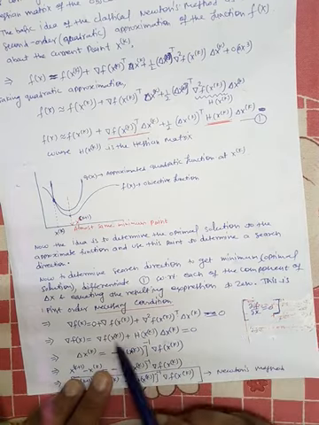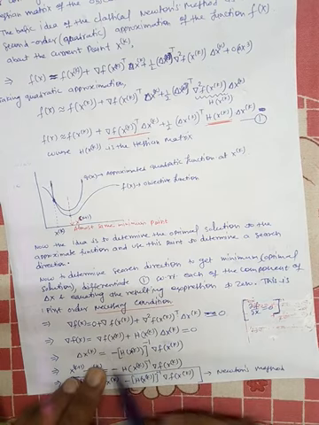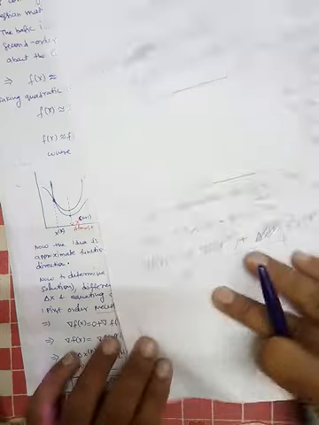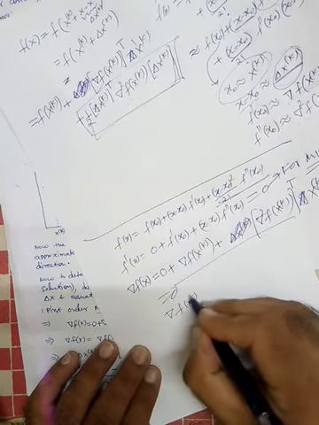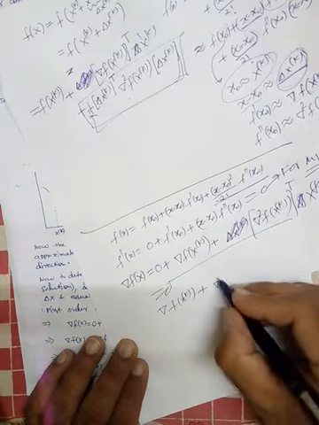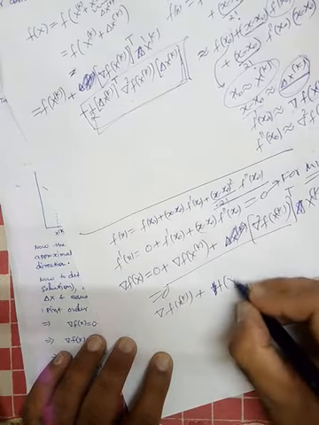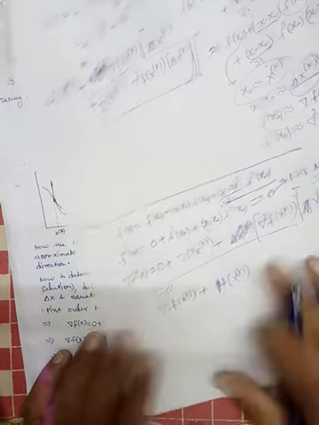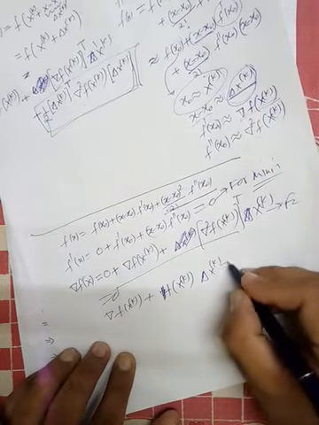Fine. Now take this quantity to the right hand side. So minus delta f of xk, plus del, in place of delta we are writing h, the Hessian matrix at xk, and delta xk is equal to 0.